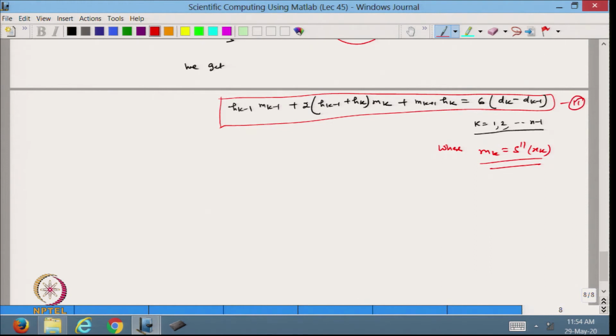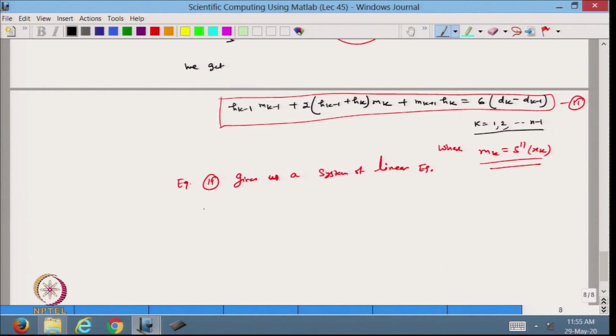Now from here we will see that equation 11 gives us a system of linear equations. How? Let us start with k is equal to 1.